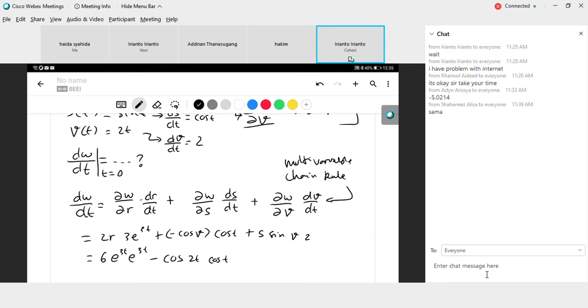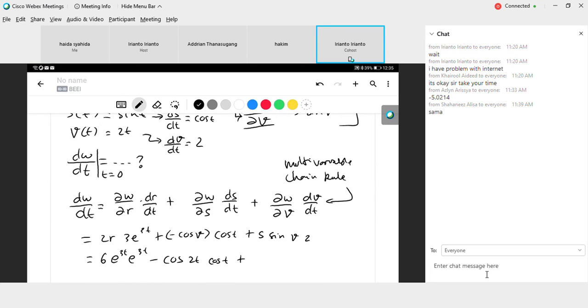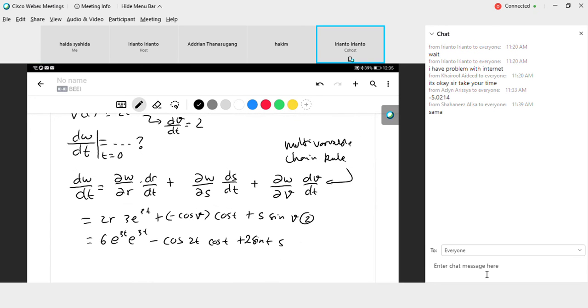And then plus S. What is S? S is sin t. Oh, sorry, you have 2 in here, so let me put the 2 in front. 2. S is sin t. V is 2t, so sin 2t. That's it.